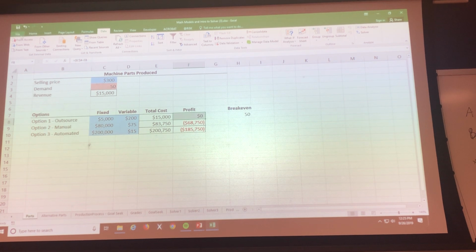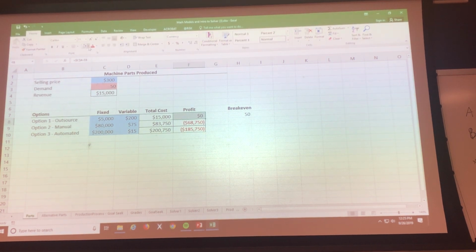Well, the first thing I would do would be unshade this one because I don't want to have 2 shaded cells at the same time. And now this is going to be my outcome cell. My outcome cell is gonna be the profit for option 2. I put my active cell there, and that's where I put my cursor.